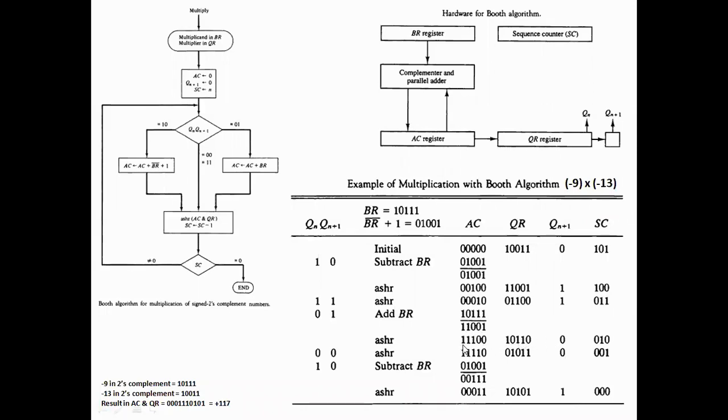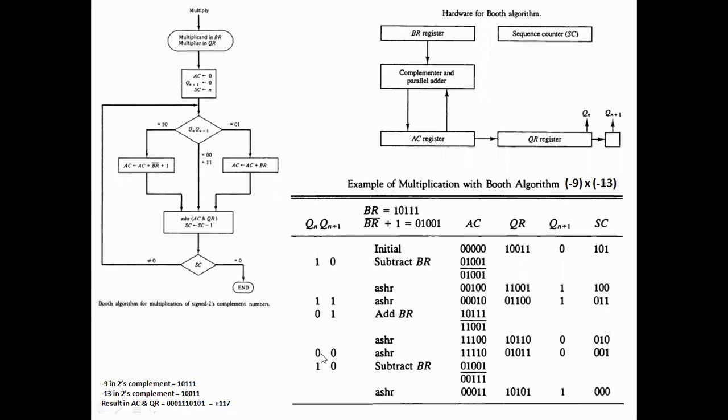The first space that became empty is to be filled with the sign bit of the earlier number. Earlier it was 1, so here the empty space will again be filled with 1. After doing all this, you decrease the counter, it becomes 2.